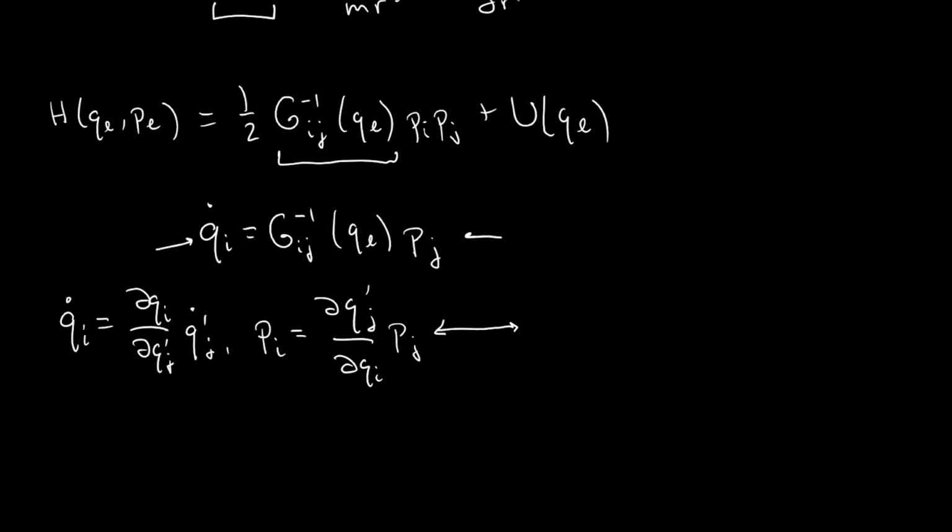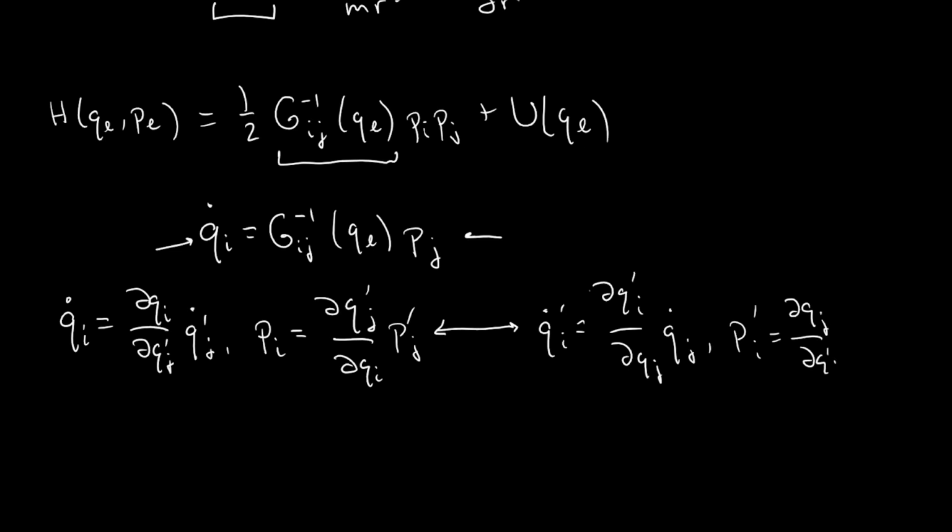And then I can write the backwards transformations of these. I'm really writing the same thing, but just for clarity, I'll rewrite these as the backwards of what I wrote on the left. So then this is p_i prime equals dq_j over dq prime i, p_j.